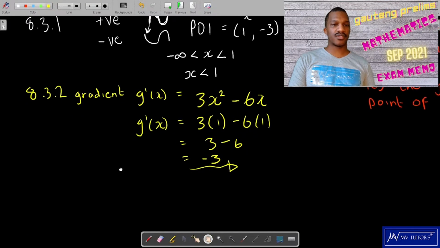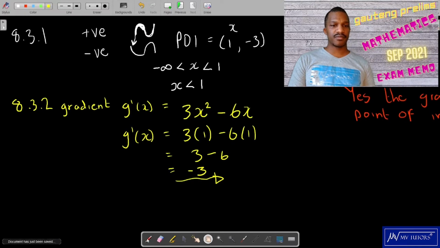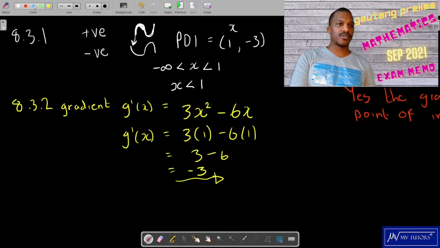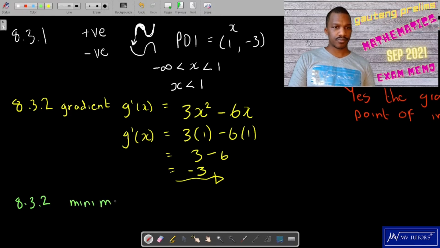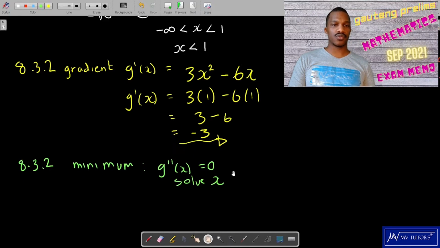Okay, and to get the minimum value, let's use green, we have to go to the second derivative and equate it to 0 and then solve for x. That's what we have to do.